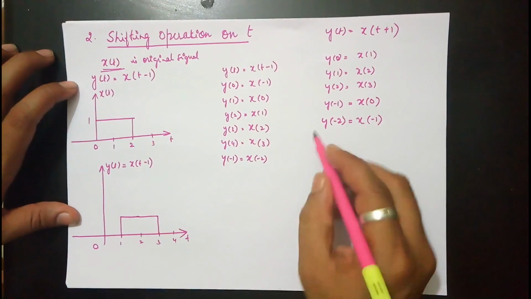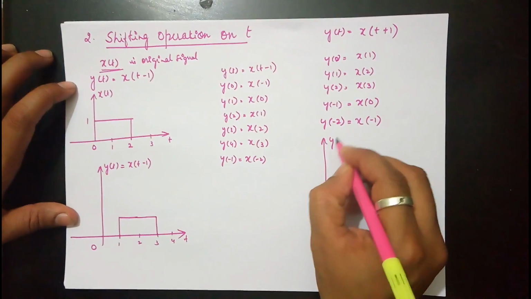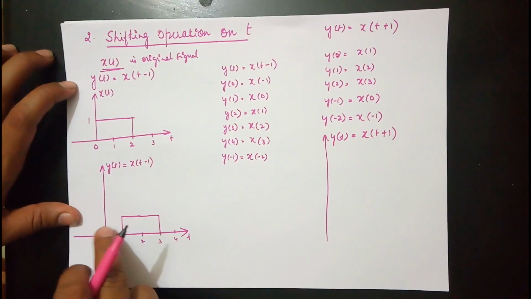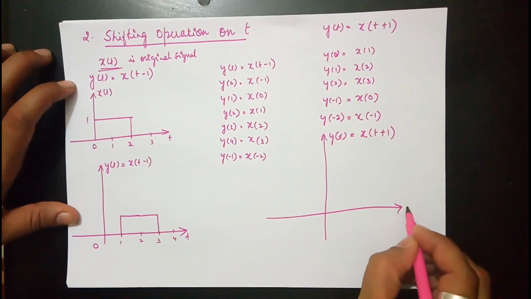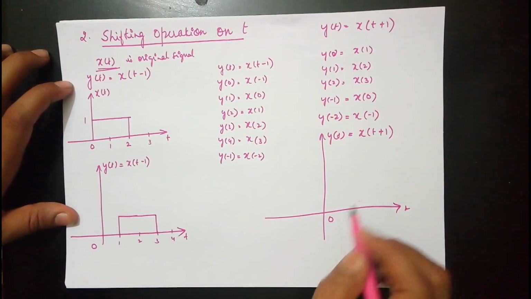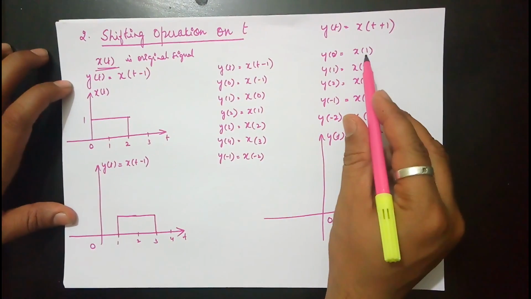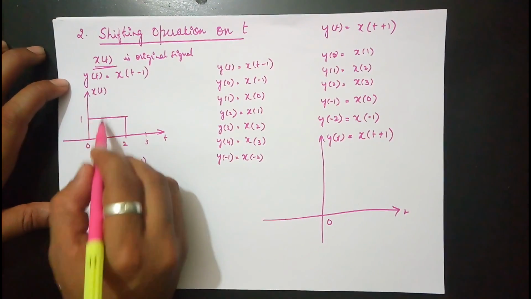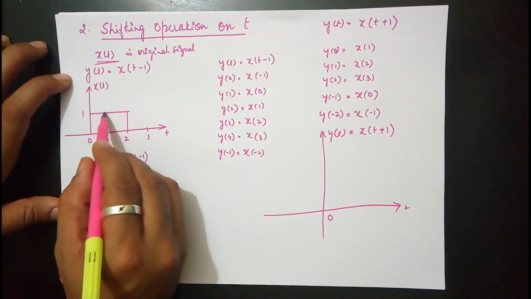Now if I plot this, it is y of t which is equal to x of t plus 1. In the previous case it was x of t minus 1. Here it is x of t plus 1. Now at y of 0, what do I have? X of 1. What do you have at x of 1? The amplitude is 1.